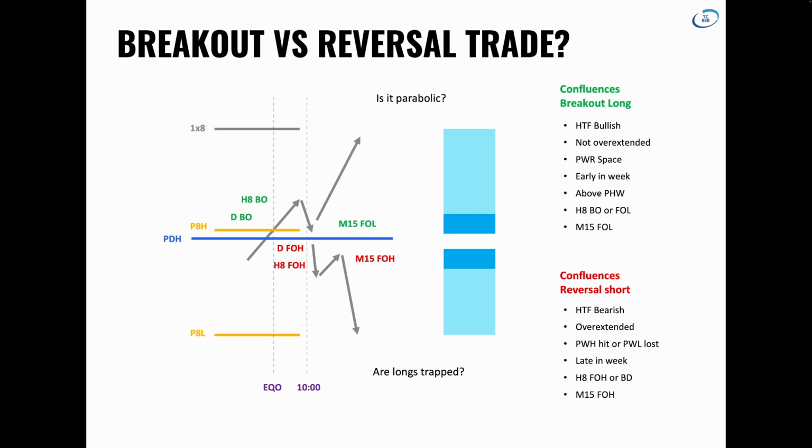We want to be above previous week high in a breakout, preferably, or above previous week low, as just discussed. Then we want the 8H to be in breakout, so trading above the 8-hour range or in fake out low. So maybe you have already an 8-hour candle above previous day high and you get an 8-hour fake out low for a continuation.